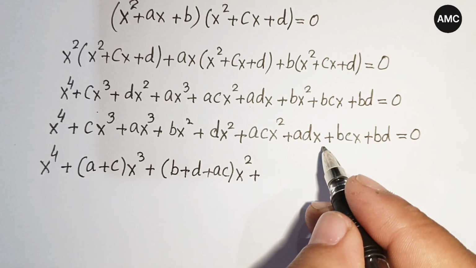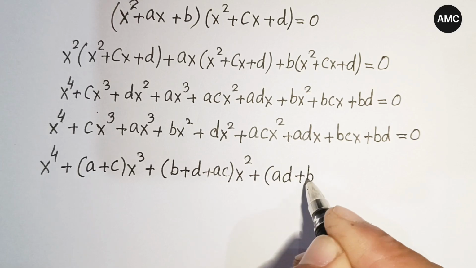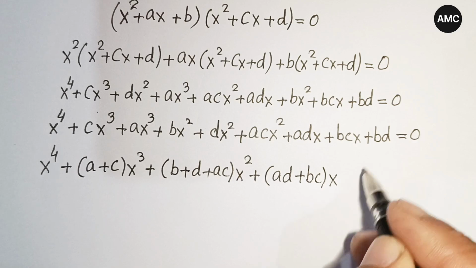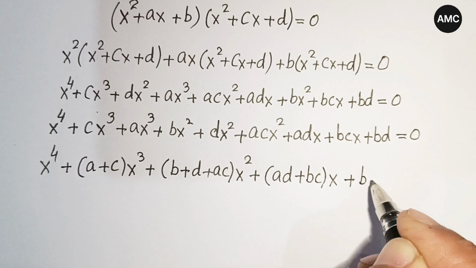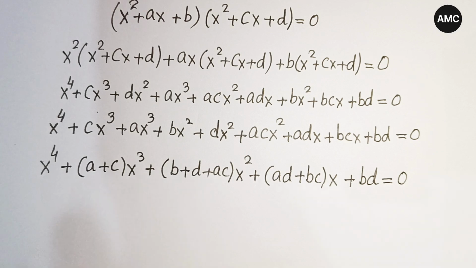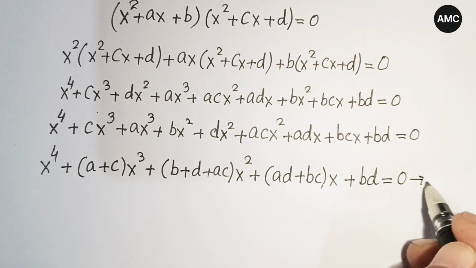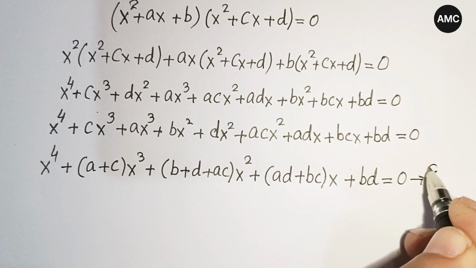If we take x common, we will get a times d plus b times c times x, and here we have plus b times d is equal to 0. Let's say it is our equation 2.